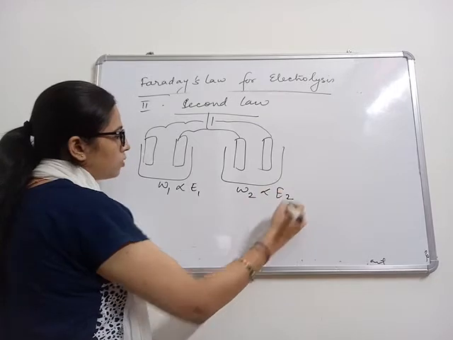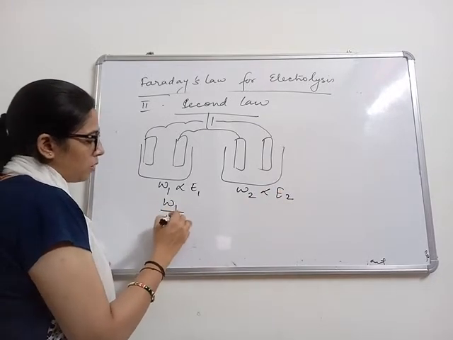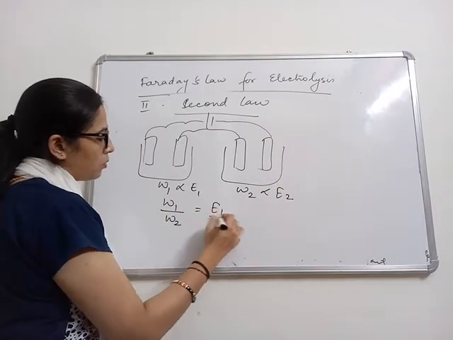W2 would be proportional to E2. So the ratio W1 upon W2 is equal to E1 upon E2.